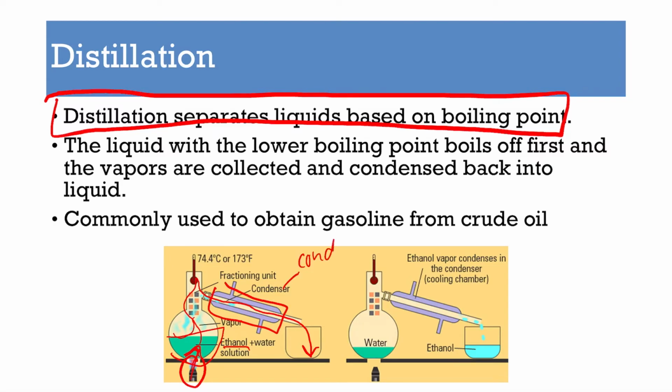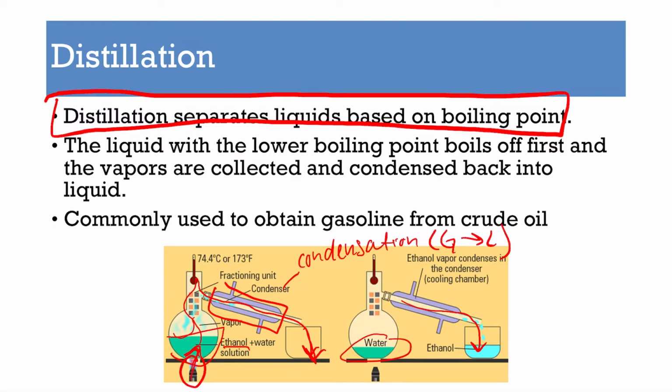So condensation is the phase change from gas to liquid. So these ethanol vapors pass through the condenser, and in that condenser you have this cold water running through it. So the gas particles, the gas vapor, cools down and condenses back into liquid. So the liquid form of the ethanol is then collected in a separate container, and what's left behind is water.